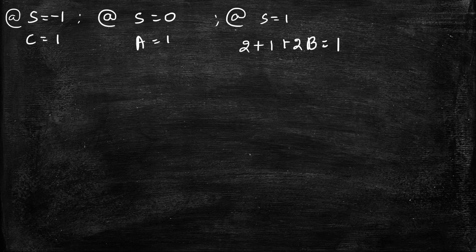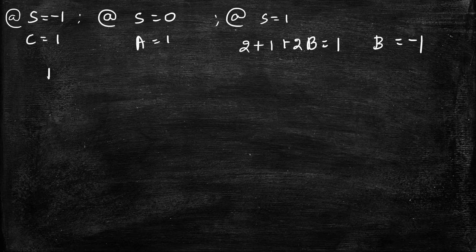So at s is equal to 0, we'll have a is equal to 1. And at s is equal to 1, we are going to have all the terms, like this. And so b will be minus 1.